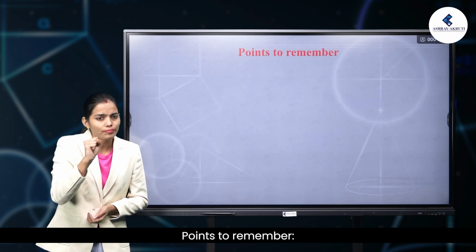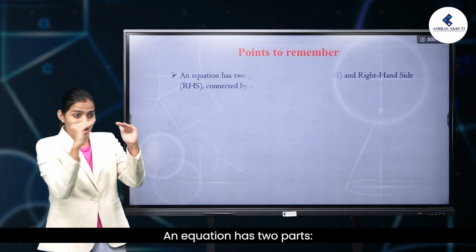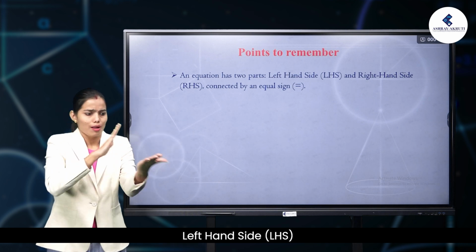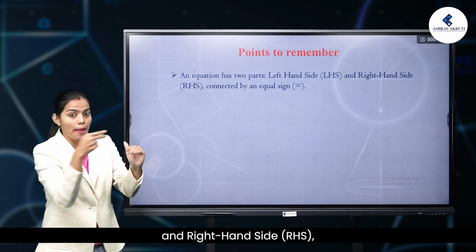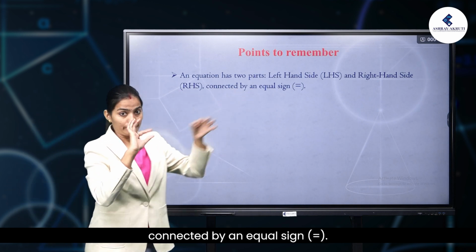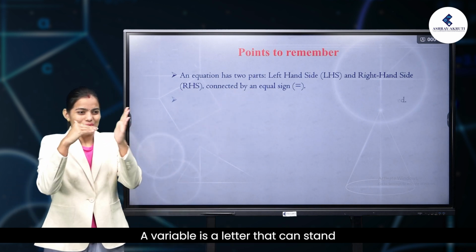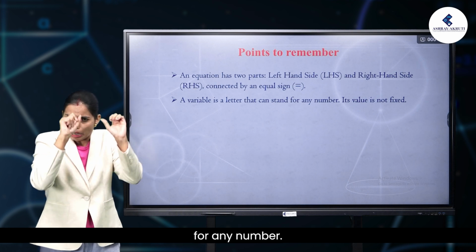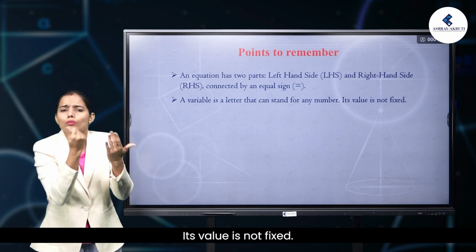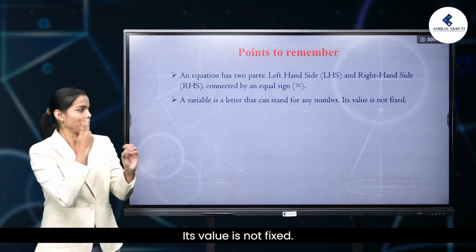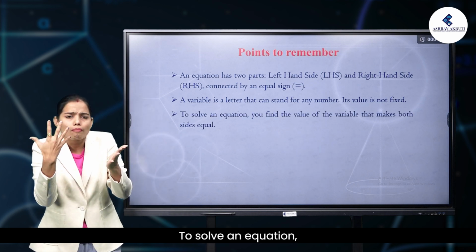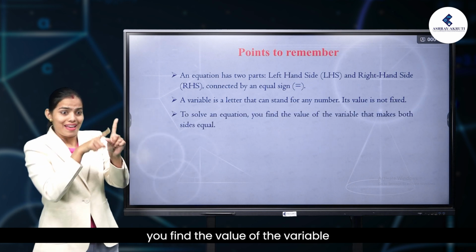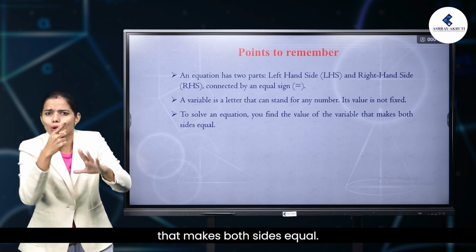Points to remember. An equation has two parts, left-hand side LHS and right-hand side RHS, connected by an equal sign. A variable is a letter that can stand for any number. Its value is not fixed. To solve an equation, you find the value of the variable that makes both sides equal.